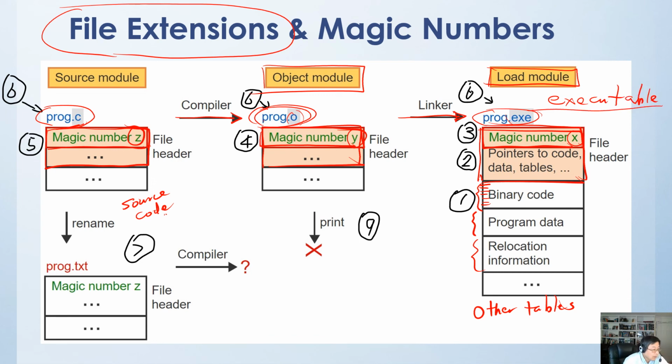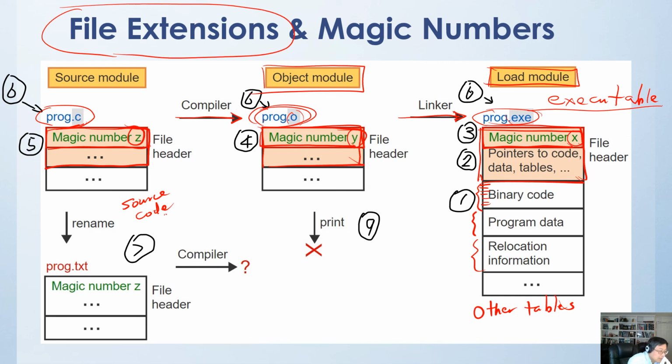However, the file extension is kind of vulnerable because the file extension is visible to the users. Unlike the file header, the users cannot see the magical numbers, so the user cannot change the magical numbers.